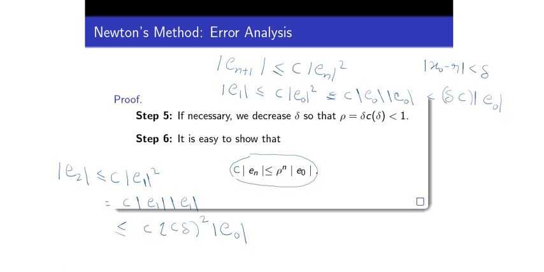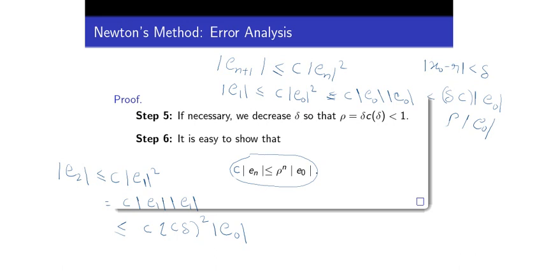Okay, and mod e naught is less than delta, that's fine. So this is less than rho times mod of e naught. Now mod of e2 is less than or equal to c times mod of e1 square.